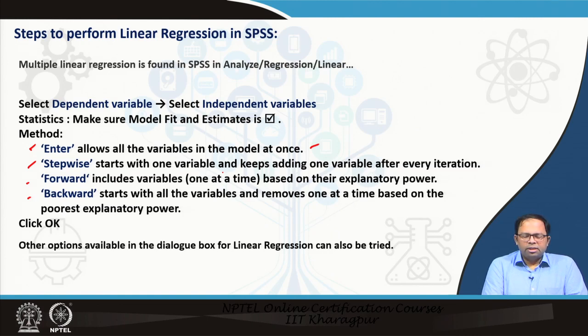Forward includes variables one at a time based on their explanatory power, and backward starts with all variables and removes one at a time based on the poorest explanatory power. And then finally, after we choose the appropriate method for our study, we click on OK, and then we get the results of the linear regression.